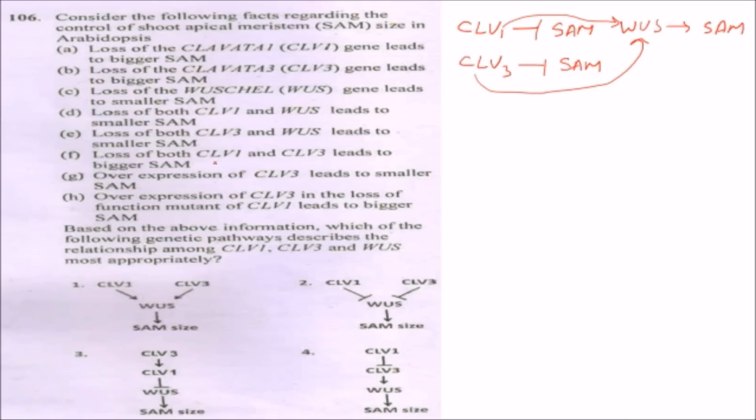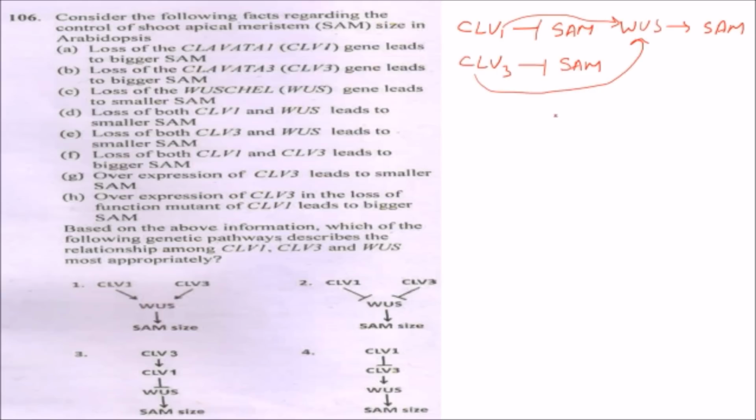Loss of both CLV1 and CLV3 leads to a bigger SAM. So even if both are not there, WUS will be present, and it will switch on and regulate the bigger size of the SAM. Next statement is overproduction of CLV3 leads to a smaller SAM.